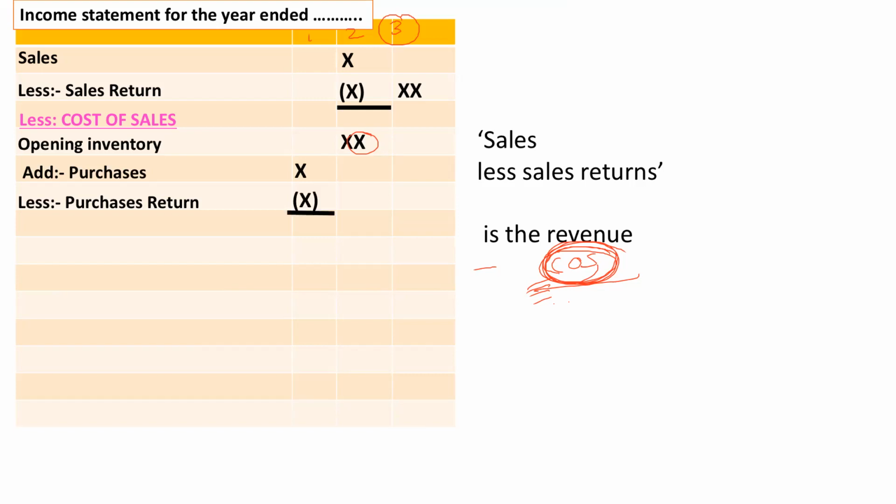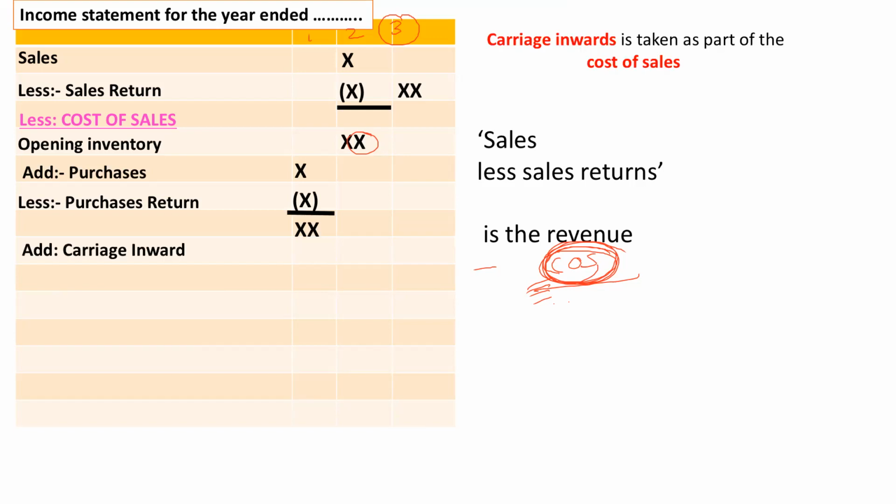What you will get? Net purchases. Add the carriage inward, which is taken as a part of cost of sales. Minus the goods for own use, because you've taken the goods that you purchased to your home. So the expense of purchase would reduce. You get the purchases.